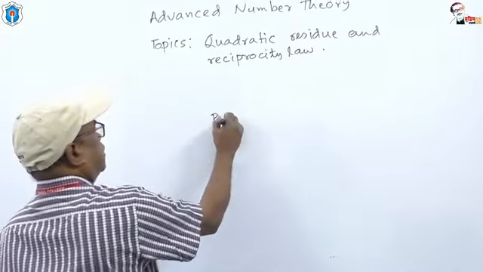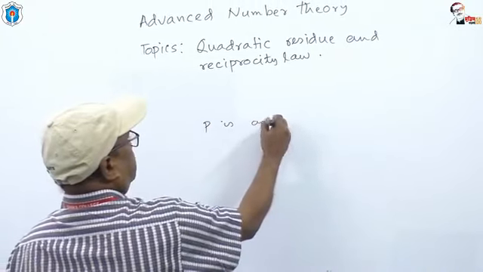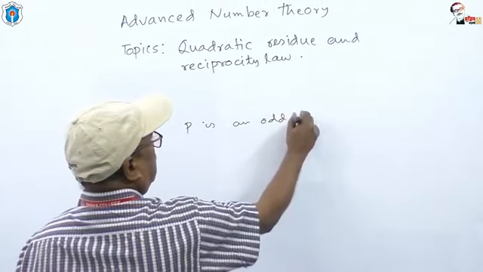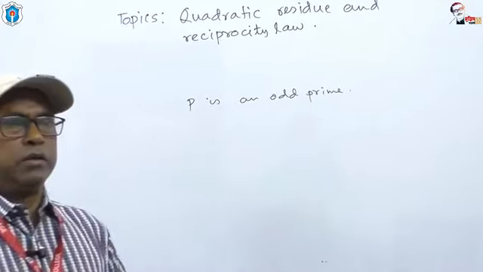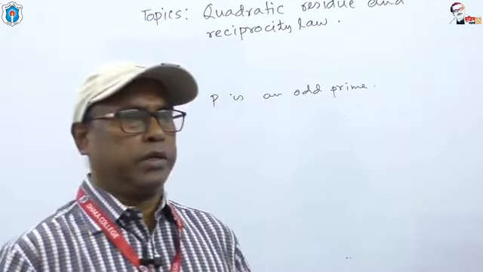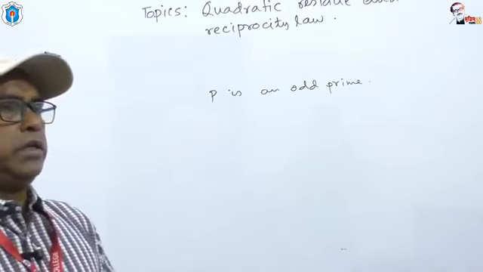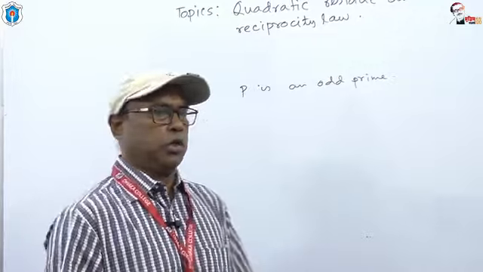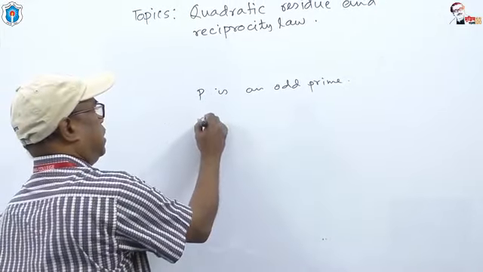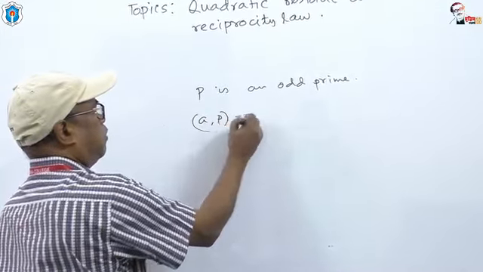Suppose p is an odd prime, that is, it must be 3 or greater, and a is an integer such that GCD of a and p is 1.